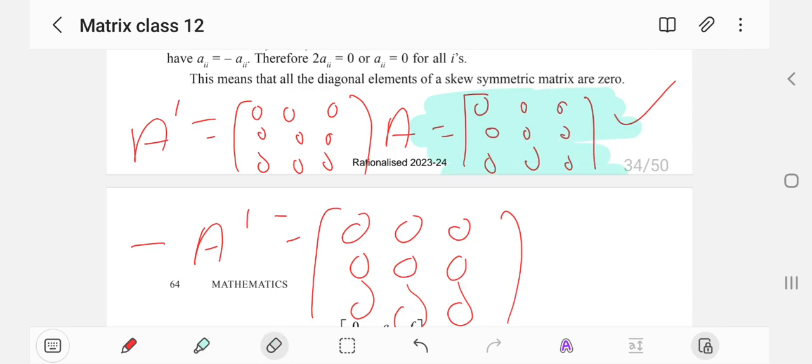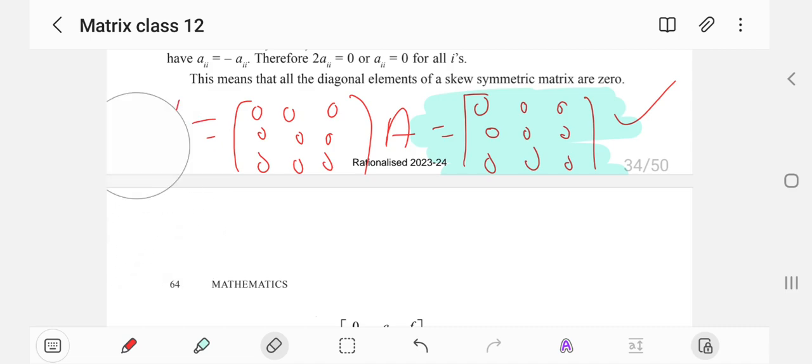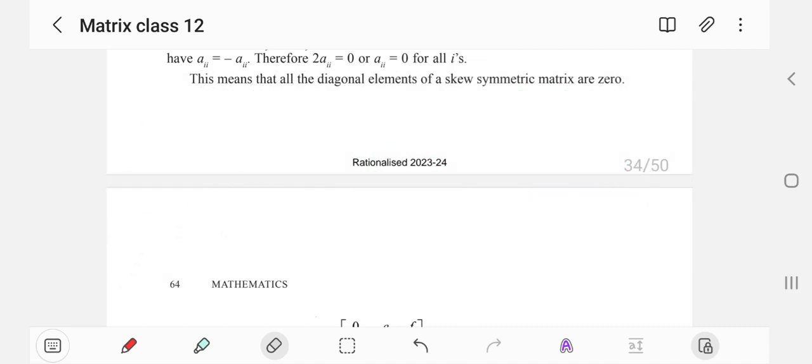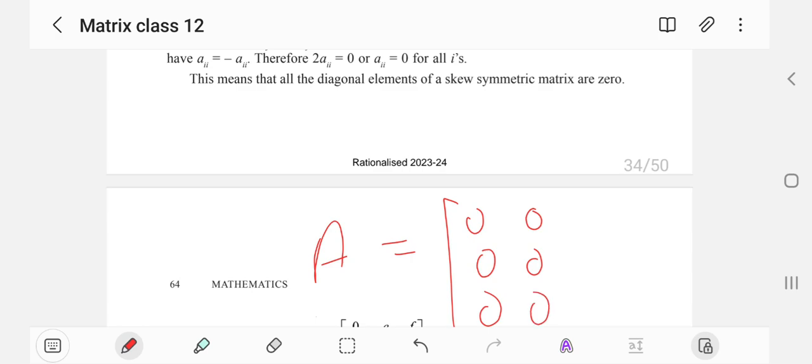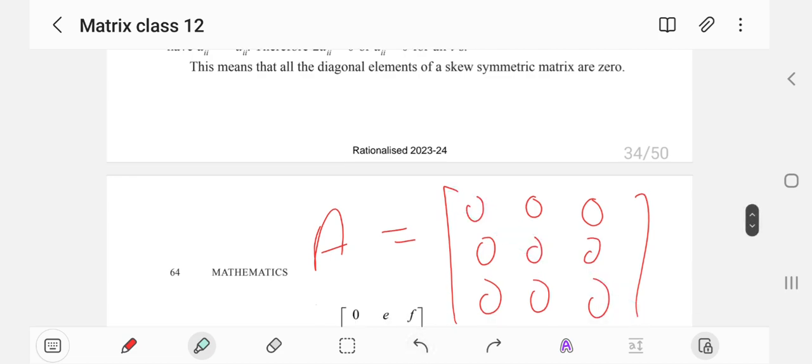Now let's check whether the two tricks that we have identified work on this 0 matrix or not. Let's first see the skew symmetric matrix. Since all the diagonal elements are 0, it will be a skew symmetric matrix. Now let's see for symmetric matrix.